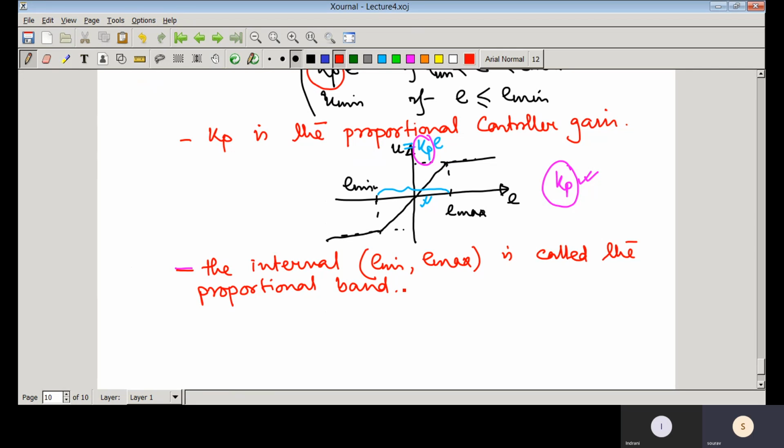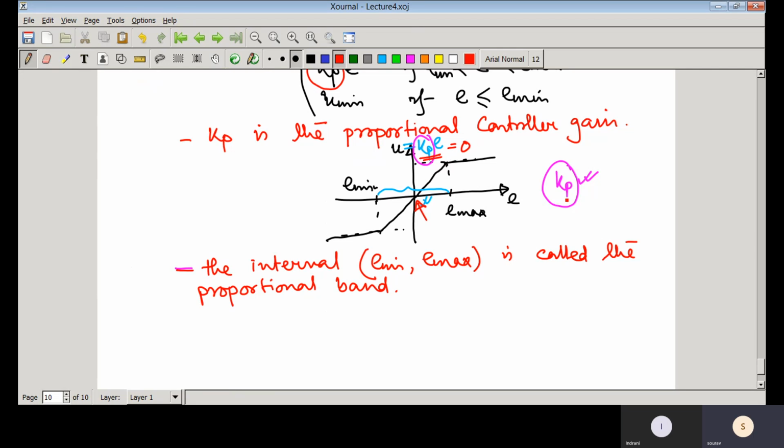Now what is the drawback? Whenever error becomes 0, E equal to 0, then this Kp E would be equal to 0.